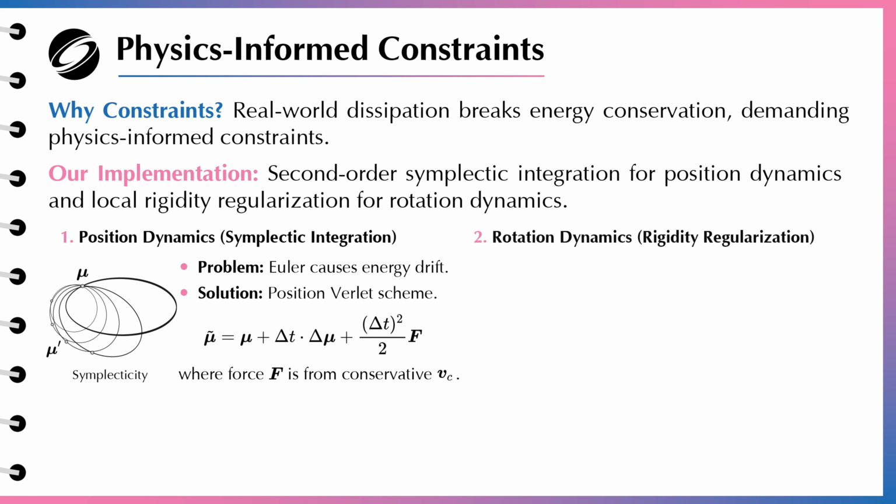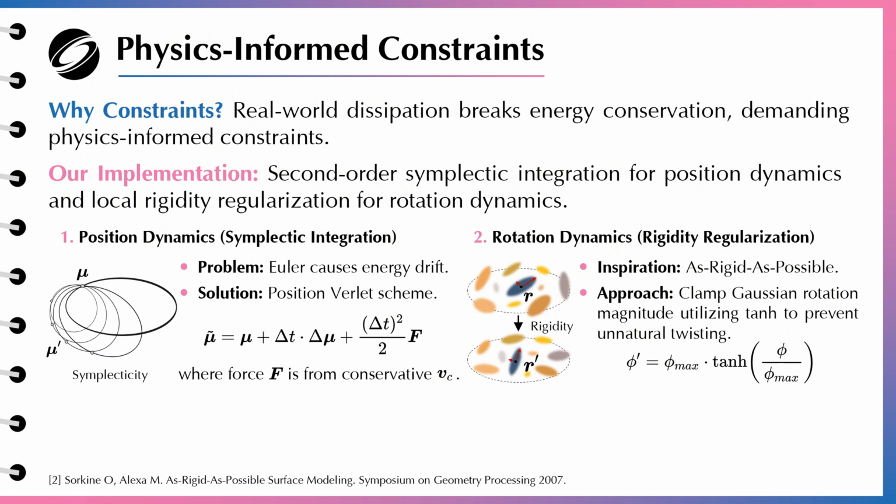Rotation dynamics in Gaussian splatting present unique challenges due to the quaternion parametrization and the need to maintain local geometric coherence. Hence, we implement the local rigidity regulation, motivated by as-rigid-as-possible, also known as ARAP. To ensure temporally smooth and geometrically stable rotations, we regulate the rotation updates to prevent unnaturally large changes between time steps.